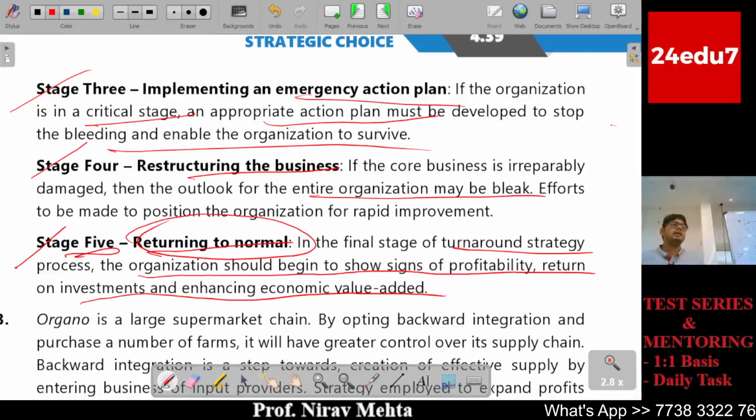For example, Kingfisher was giving 2 lakh rupees to one air hostess, while Air India gave 70,000 rupees to air hostesses after the age of 27. They hired only after 27, 28, so their cost was reduced by 50%. Second, from that 50% cost reduction, they started giving food to people. So people have a choice: Air India gives food, Kingfisher, no food.